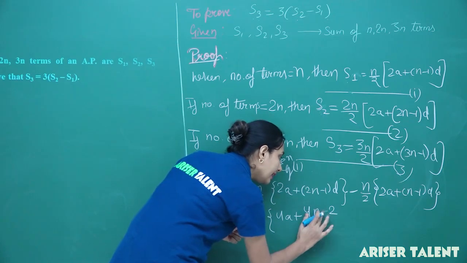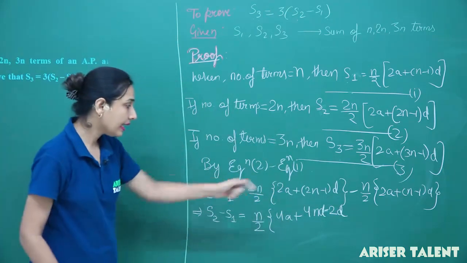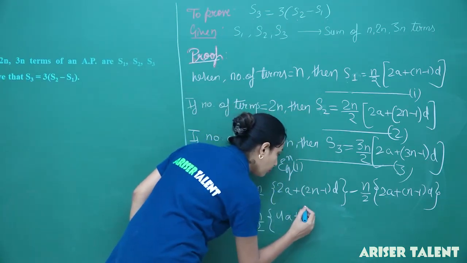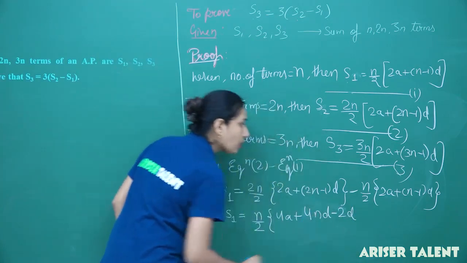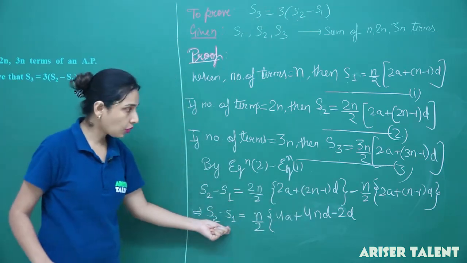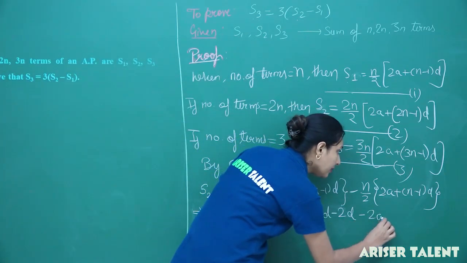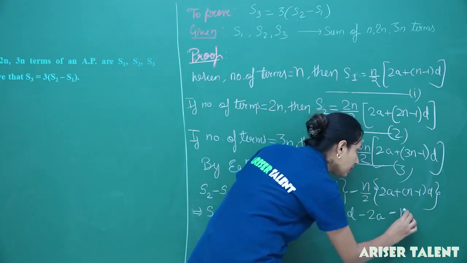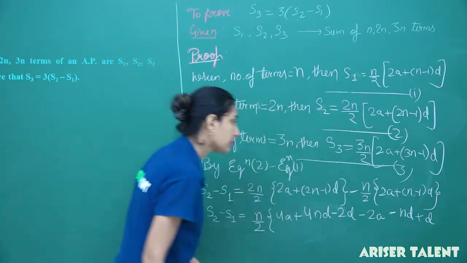Can I write it like 4nd minus 2d? Yes, 4nd minus 2d. Now I take out the n by 2 term common, so the second part becomes minus 2a minus nd plus d.